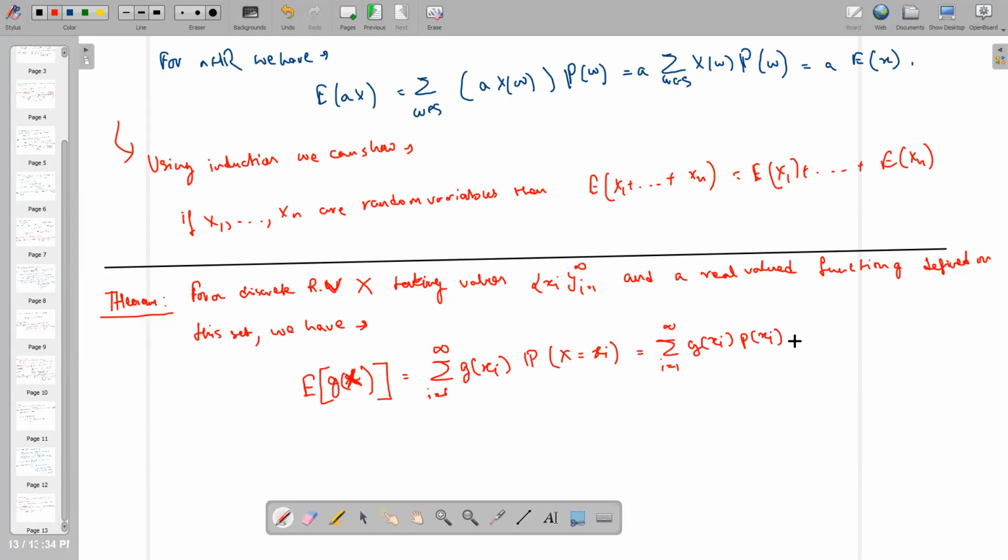So try to prove this one. For a real valued function g defined on this set, we will have this.